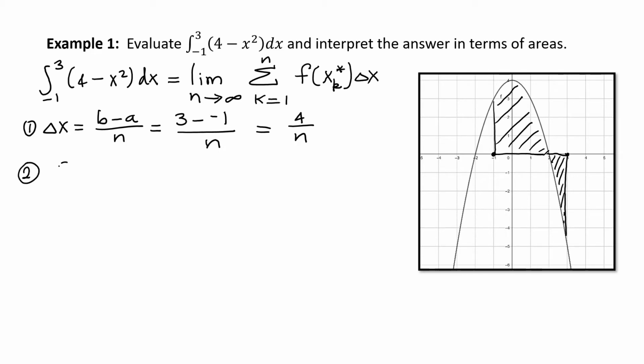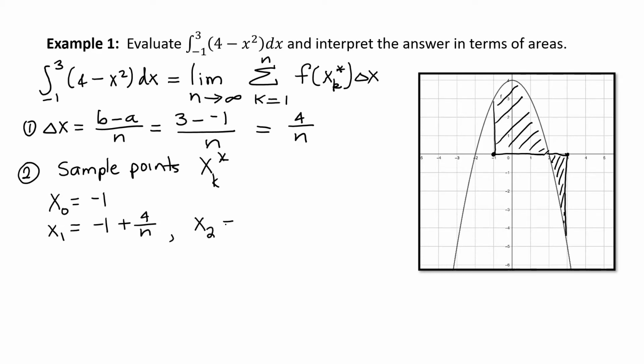Now, we need to get a representation for the sample points, otherwise denoted as x sub k asterisk. I'll start with x sub naught equals -1. That's our starting point. X sub 1 would be -1 plus 1 delta x, which we just computed as 4 over n. If we did x sub 2, that would be -1 plus 2 of our width times 4 over n.